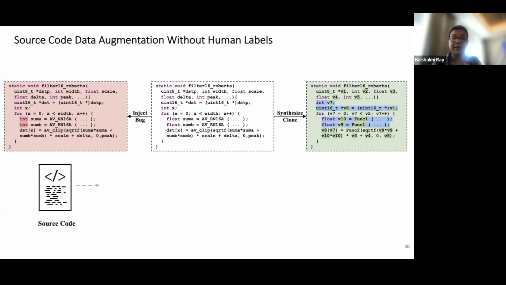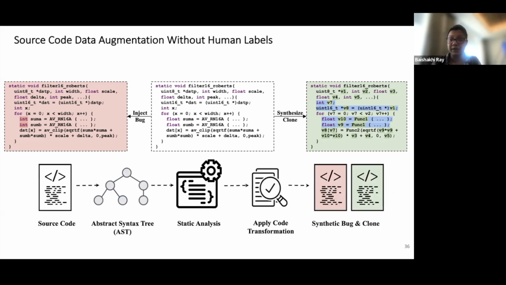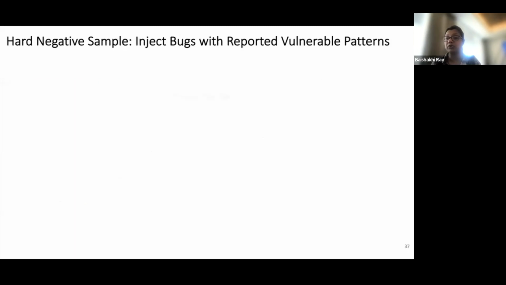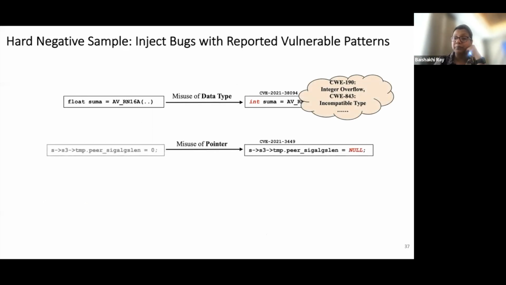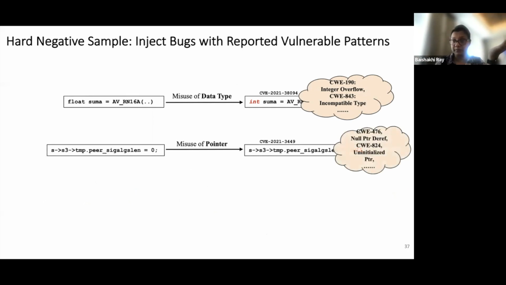What we did is, we have this source code, we represent it as an abstract syntax tree, then do static analysis, and then apply different kinds of code transformations to synthesize bugs or clones. While synthesizing bugs, we took many different buggy patterns motivated by the code vulnerability database.